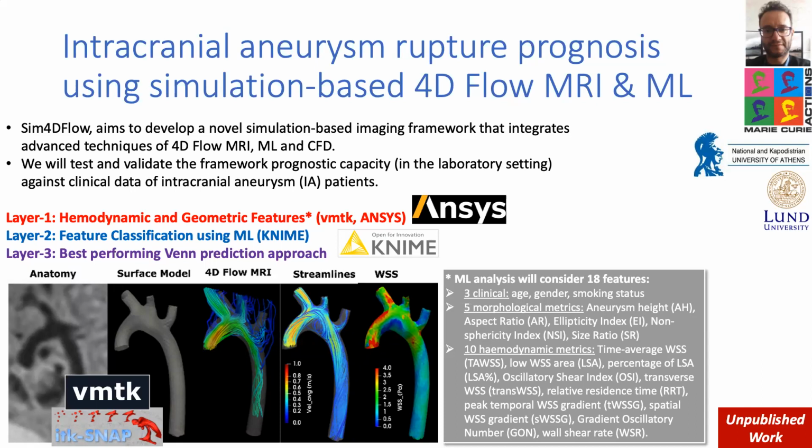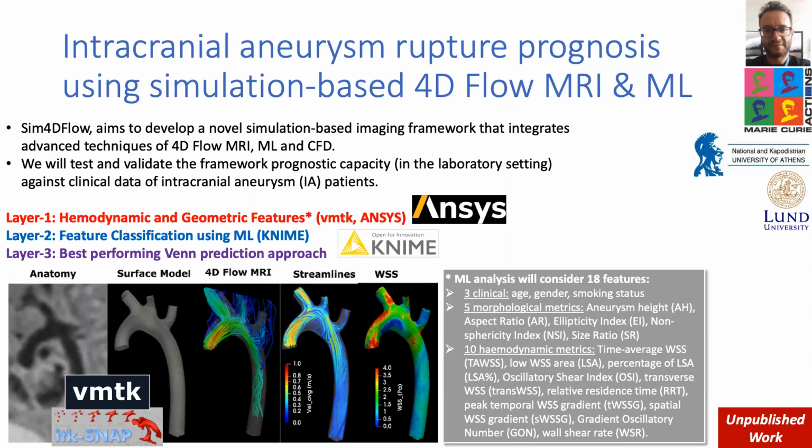Now, the idea is how can we process all those quantities together. I'm talking about 15, 20 metrics, without having any clue about which is the predominant factor in rupture. And also, we're talking about some 500 patients.